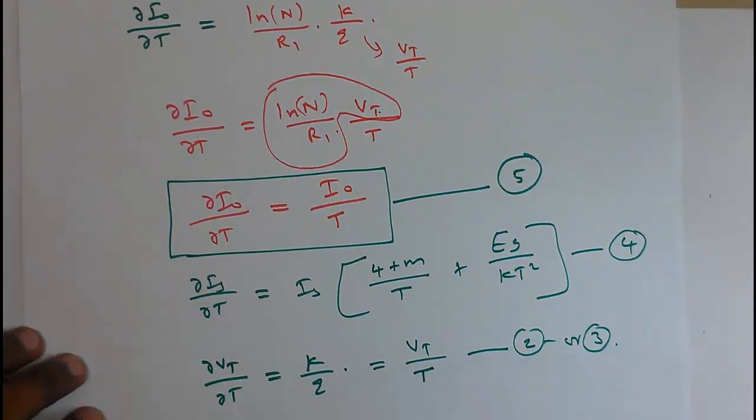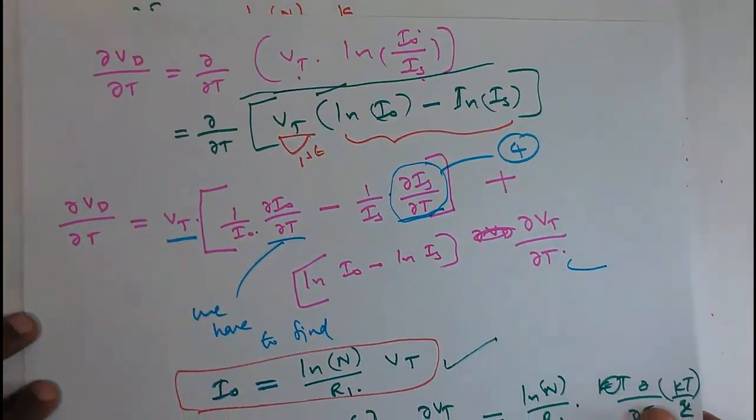Now we got all these three relations, that is dou I0 by dou T, dou Is by dou T, and dou Vt by dou T. Now we can find dou Vd by dou T, that is the rate of change of the voltage across the diode.